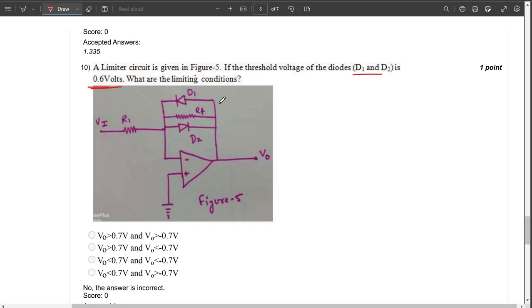So this is a limiter circuit, and the threshold voltages of diodes D1 and D2 are given, and it is asked what the limiting conditions are. I'm giving you 2 minutes to solve this question and then we'll discuss. Don't shout the answer before 2 minutes.